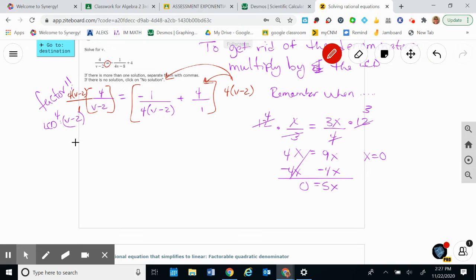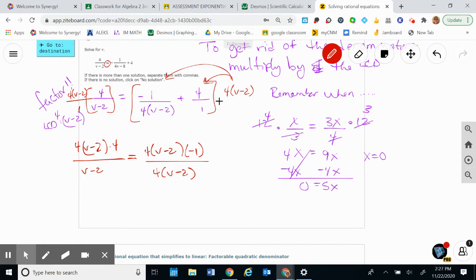Okay, I think what I'll do for now is just show you everything written over this. Okay, that's what I did. And then now I'm going to distribute. So basically, I'm writing it anyway. Okay, times -1, because here's the -1, all over 4 times v minus 2.